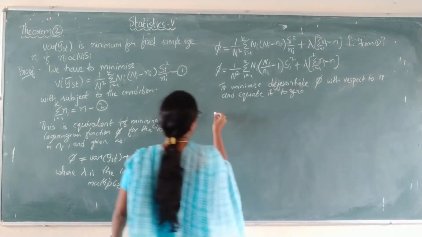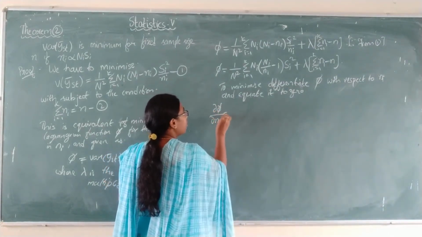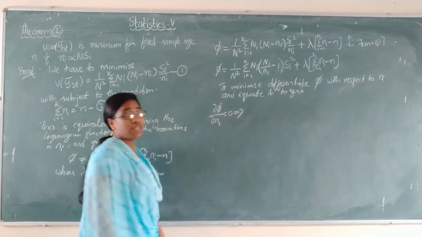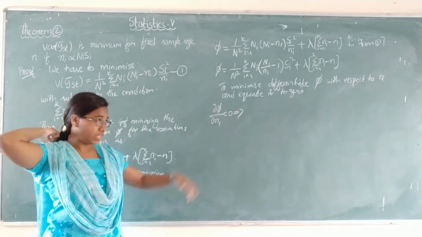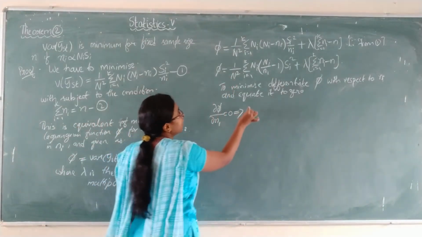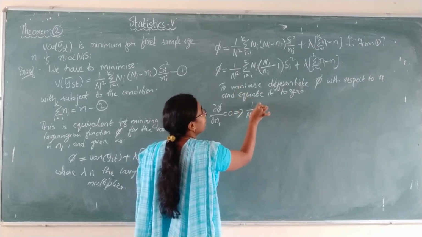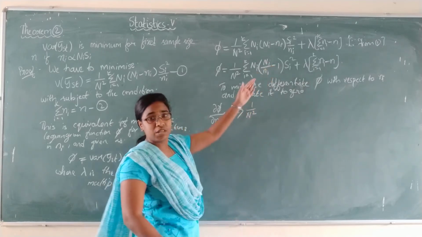So now dou pi by dou ni equals 0. We have to differentiate with respect to ni and equate it to 0. Now differentiate it. These are all constants: 1 by n square is constant, capital Ni is also constant.